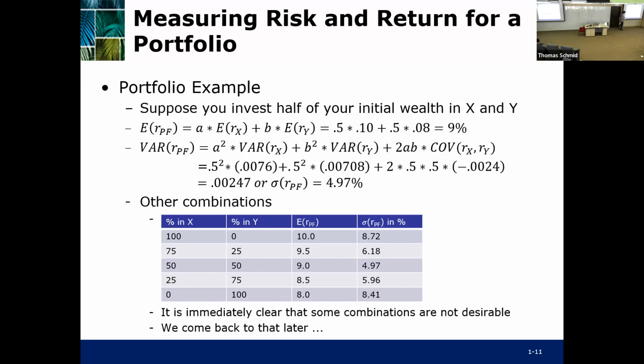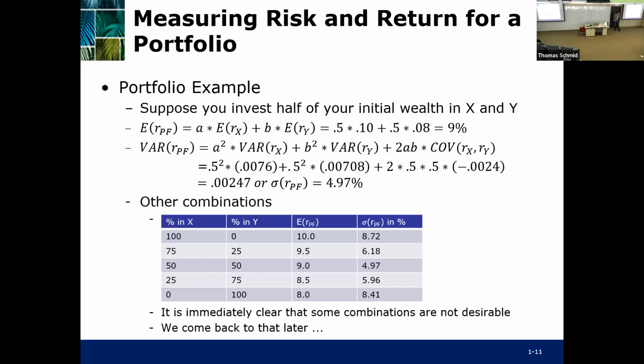If you only look at X and Y, the two assets by themselves, none is dominated by the other. Because X has higher expected return than Y, but X also has a higher risk. So if you only look at the assets themselves, you might think Y could be a good investment decision.